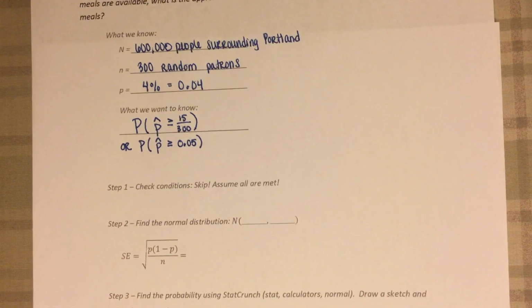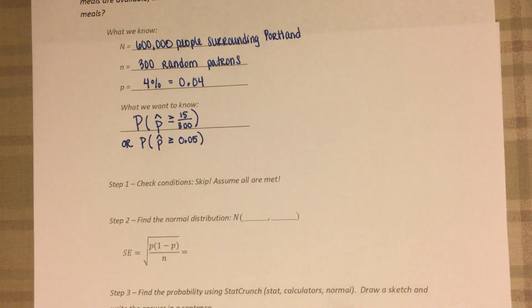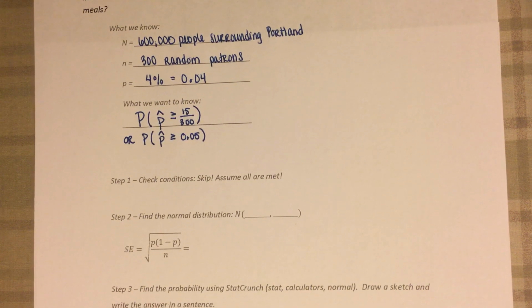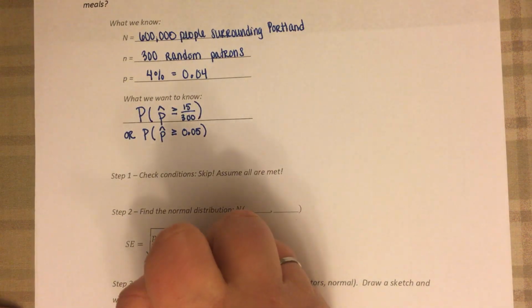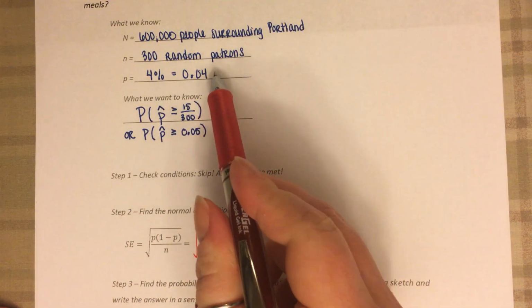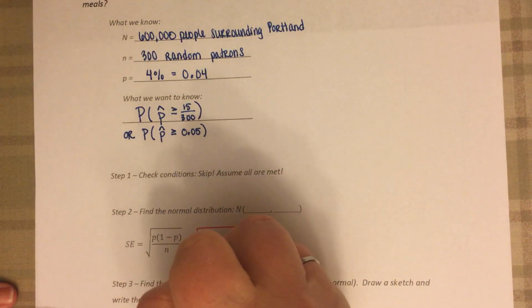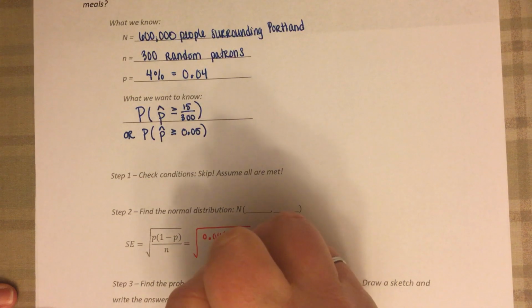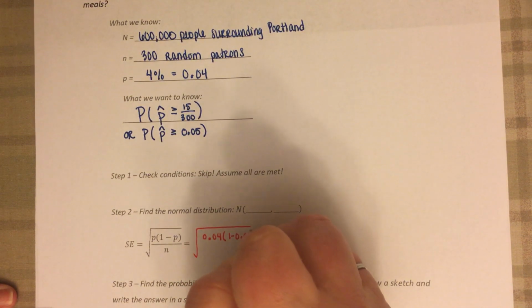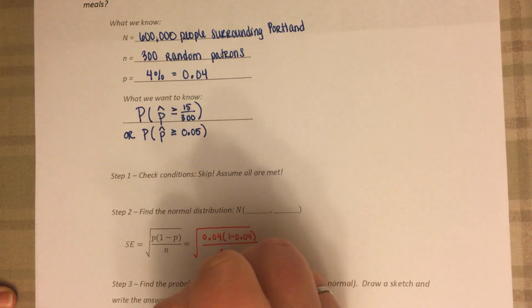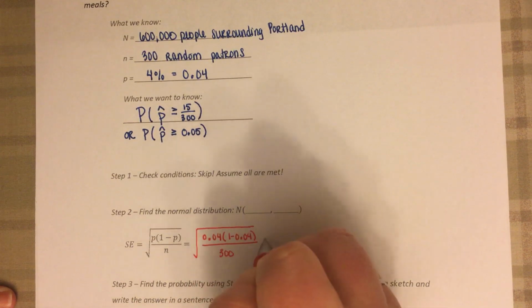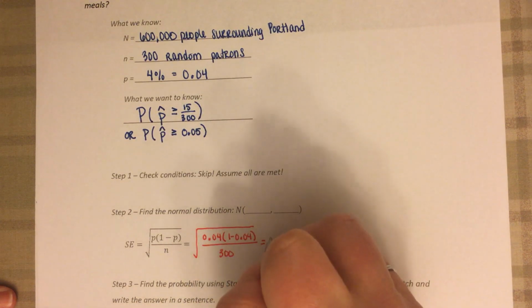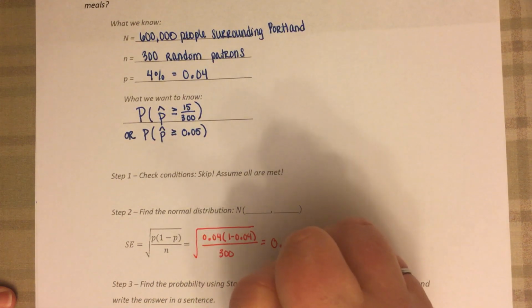Step 1, our conditions. Again, we're going to skip it in this case. We're going to assume that they are met. Step 2, we are going to find our standard error. Right. So our P is our 4%. So 0.04 times 1 minus 0.04 divided by our sample size, which is 300. This gives us 0.011.